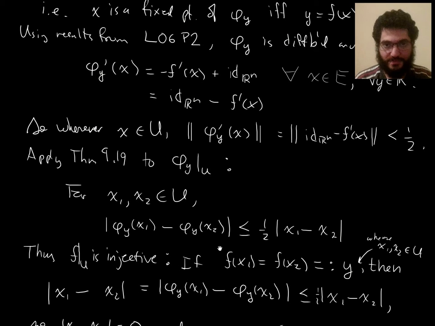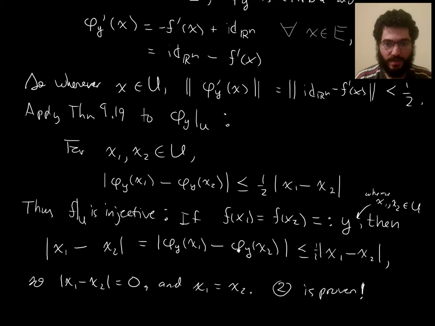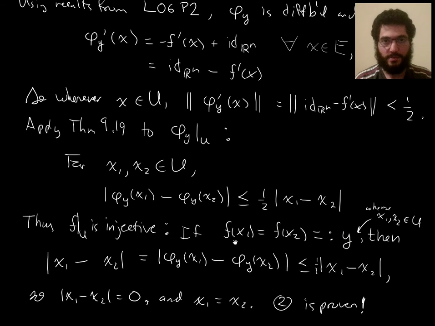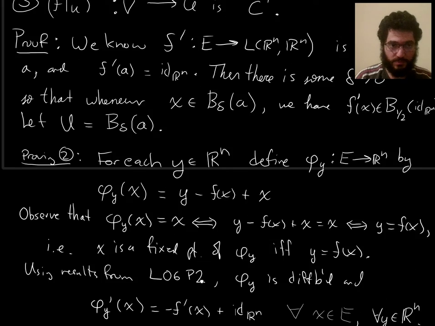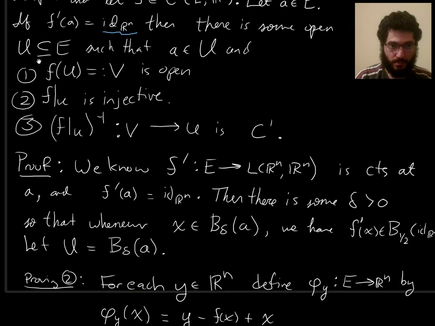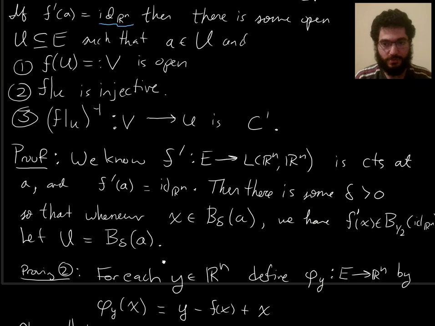It's almost the sort of thing we can apply the contraction mapping theorem to, except right now we can't because we do not know that phi maps U into itself, and also U is not even a complete metric space. So our goal as we work to proving number 1 here is actually going to be to apply the contraction mapping theorem, which we have not done yet.